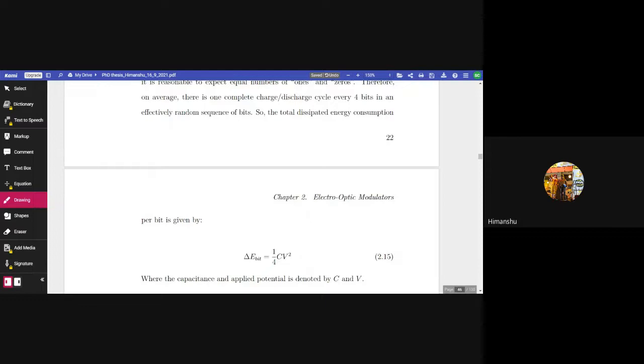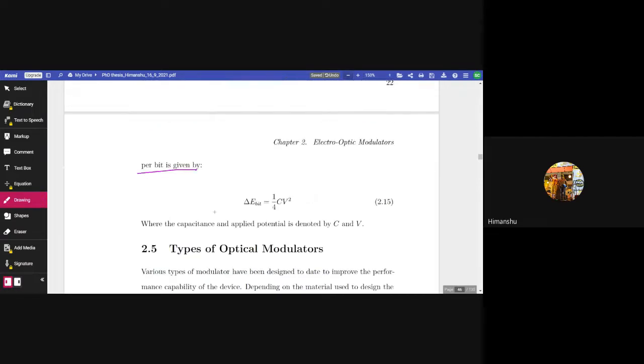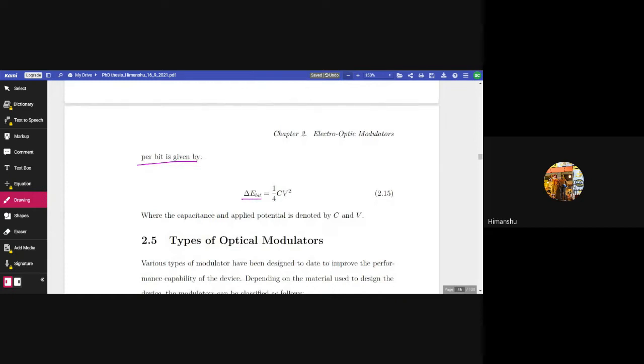Therefore, on average, there is one complete charge-discharge cycle every 4 bits in an effectively random sequence of bits. So the total dissipated energy consumption per bit is given by delta E_bit equals 1/4 CV squared, where the capacitance and applied potential are denoted by C and V.